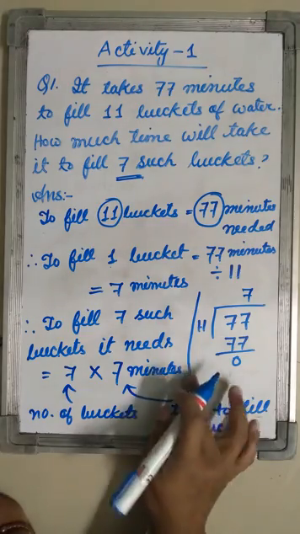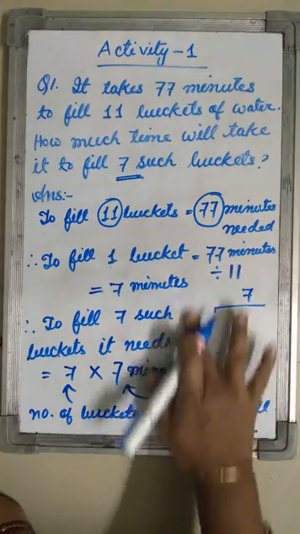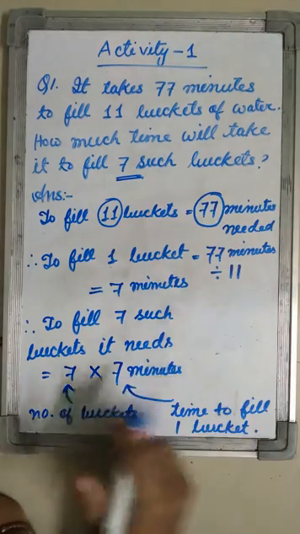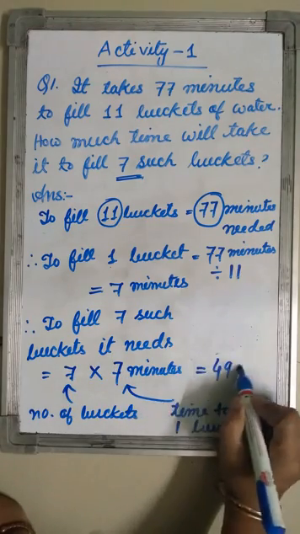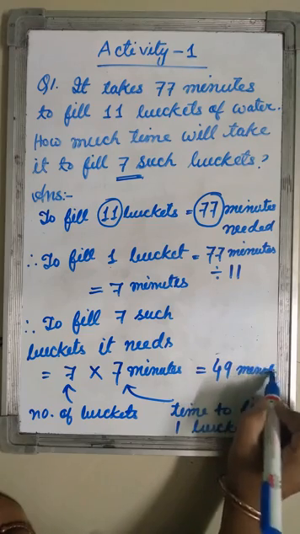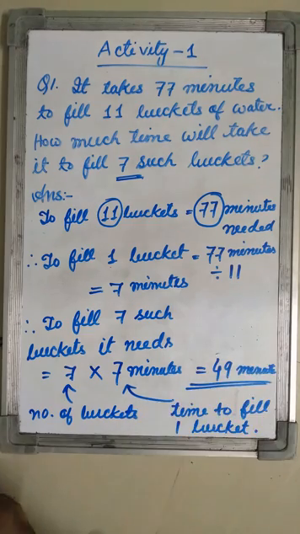So what is the answer? You should write 7 into 7 is 49 minutes. 49 is the answer. So this way you have to do.